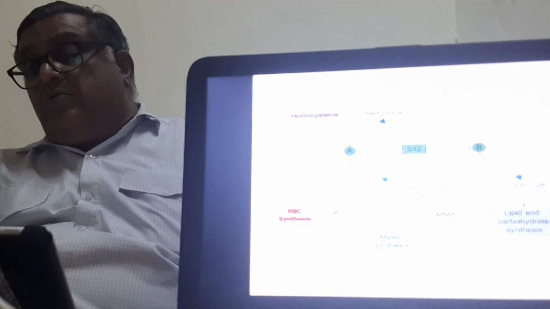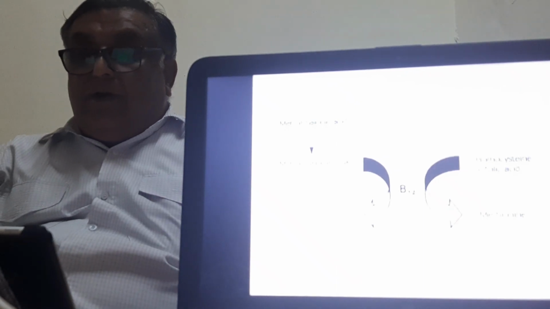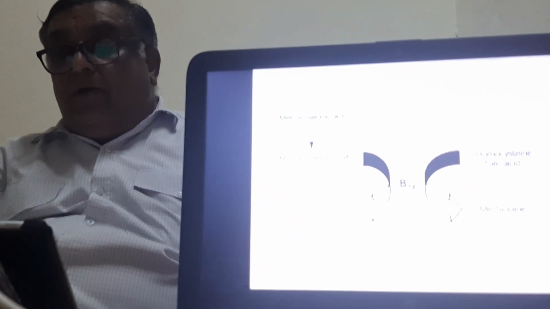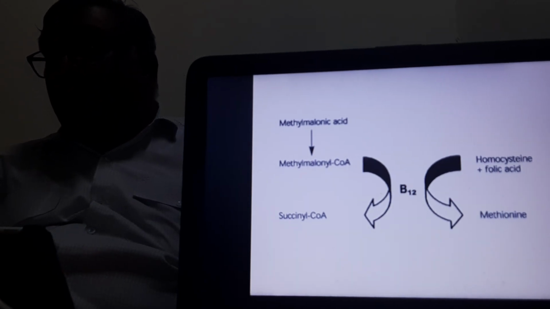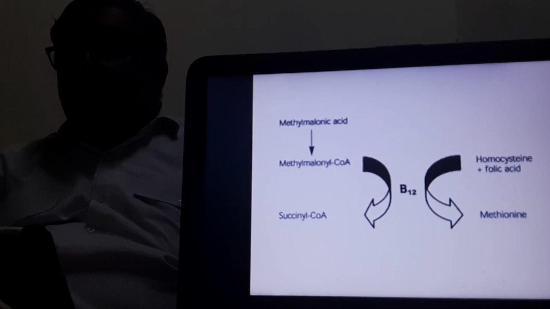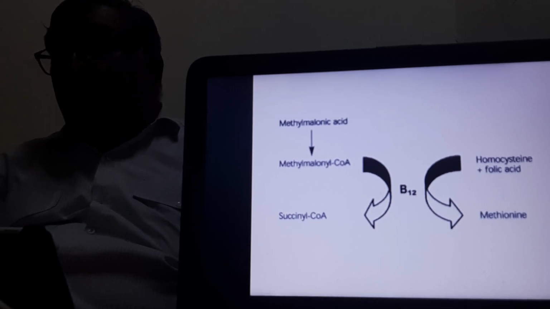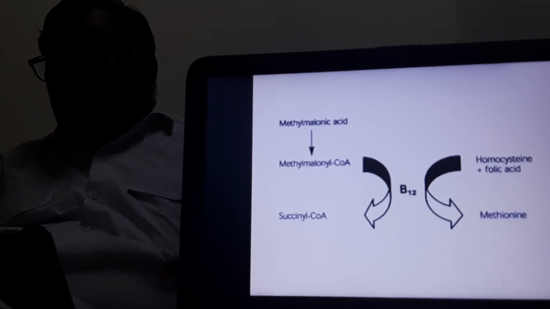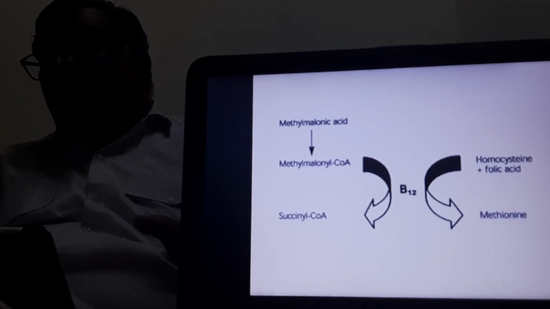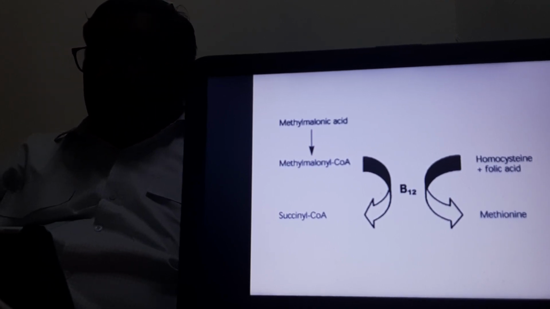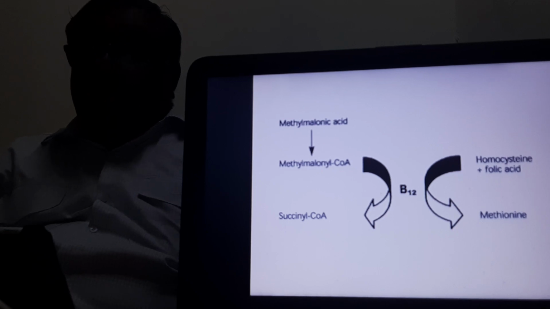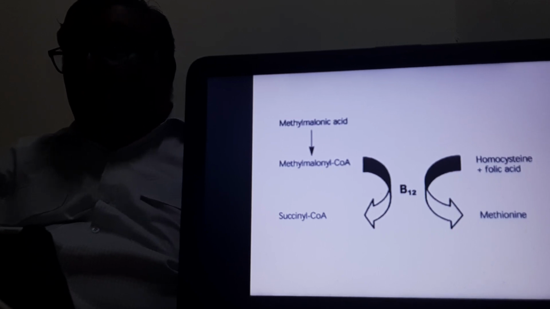Folic acid is also known as vitamin B9. It is also required for the purposes for which vitamin B12 works hand in hand. It is a question of handing the methyl group from methylene tetrahydrofolate to vitamin B12, and then from there handing it over to the homocysteine to make it into methionine.